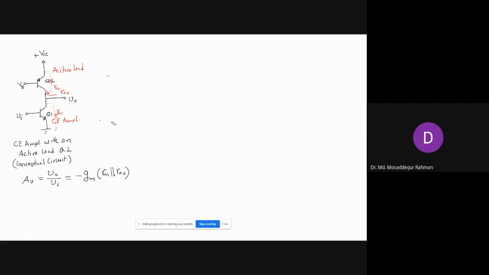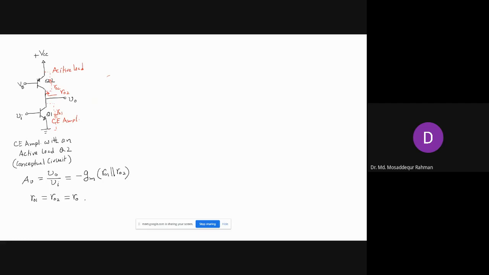For simplification of our calculation, we assume that these two are the same: r01 is the same as r02, and we can write it as r0.